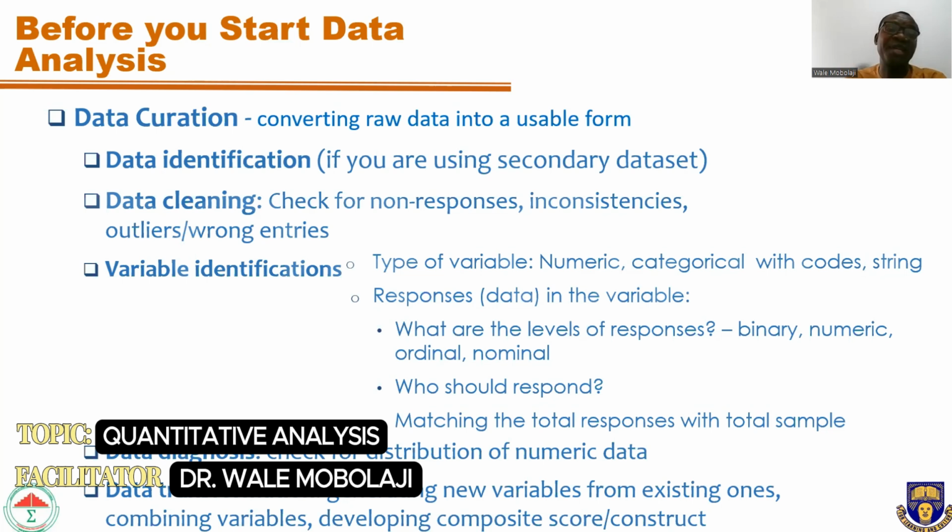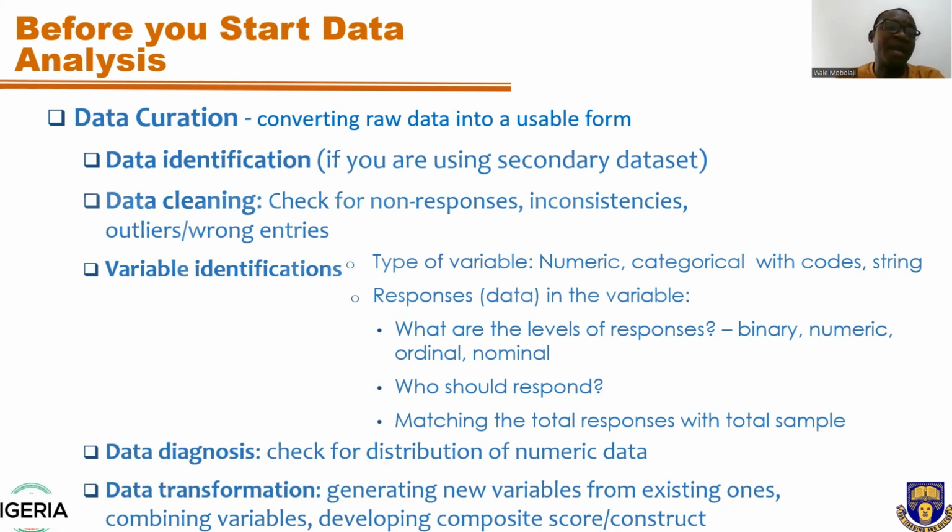So for you to study your data, number one, you need to identify your variables. Identify what variables are in that data, especially when you're using secondary data. Know each of the variables and know how they are measured. And as part of the way to understand the data, you need to do a kind of data cleaning.